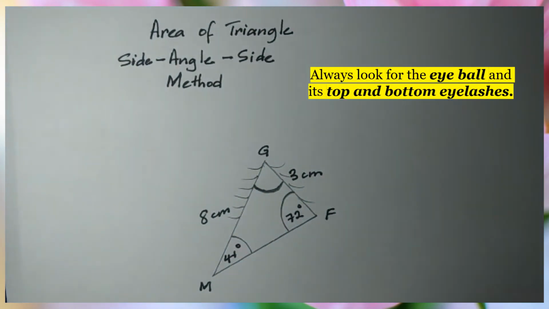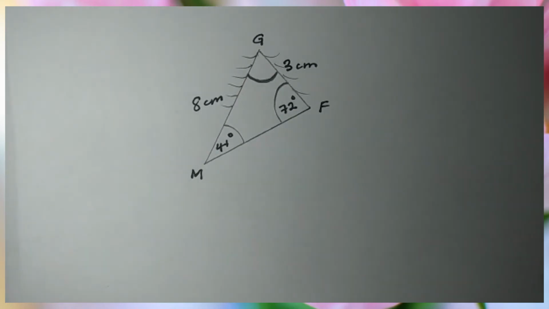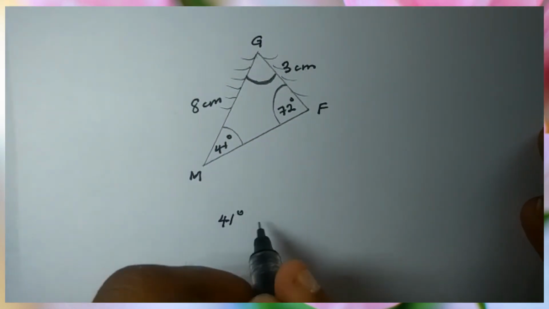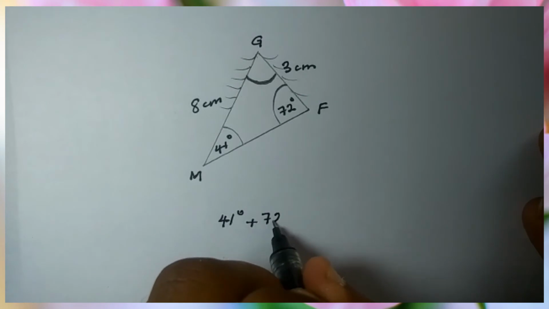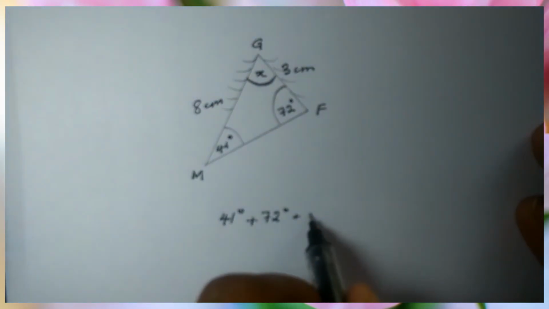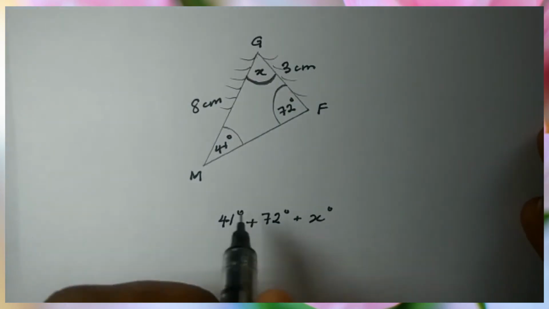Now remember from the previous video that angles in a triangle sum to 180 degrees. So I know that this 41 degrees plus this 72 degrees plus, I'm going to call it x for now, x degrees must be equal to 180 degrees.